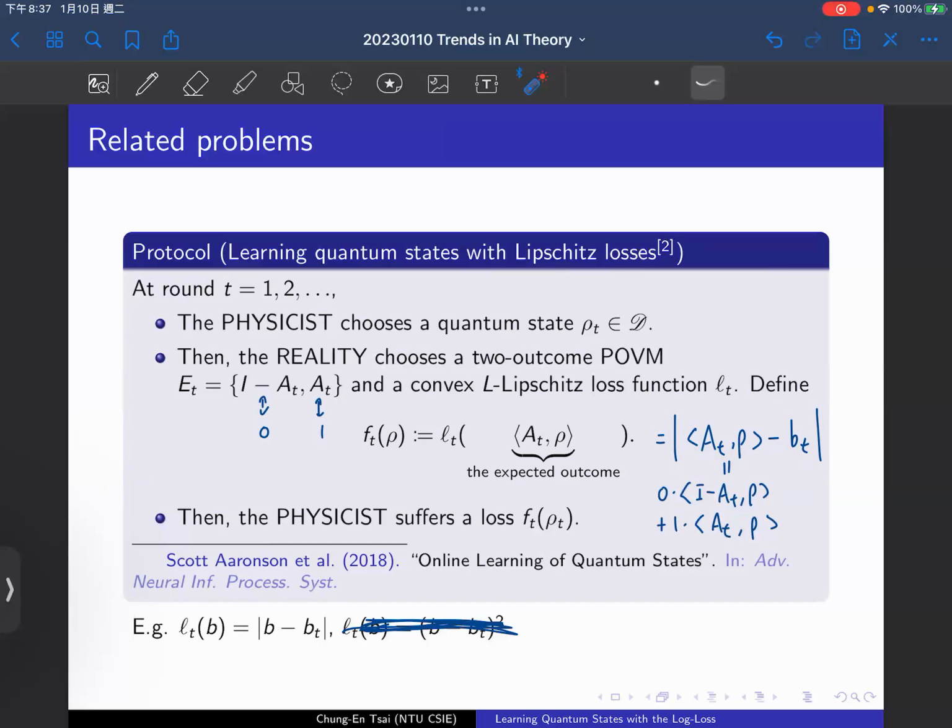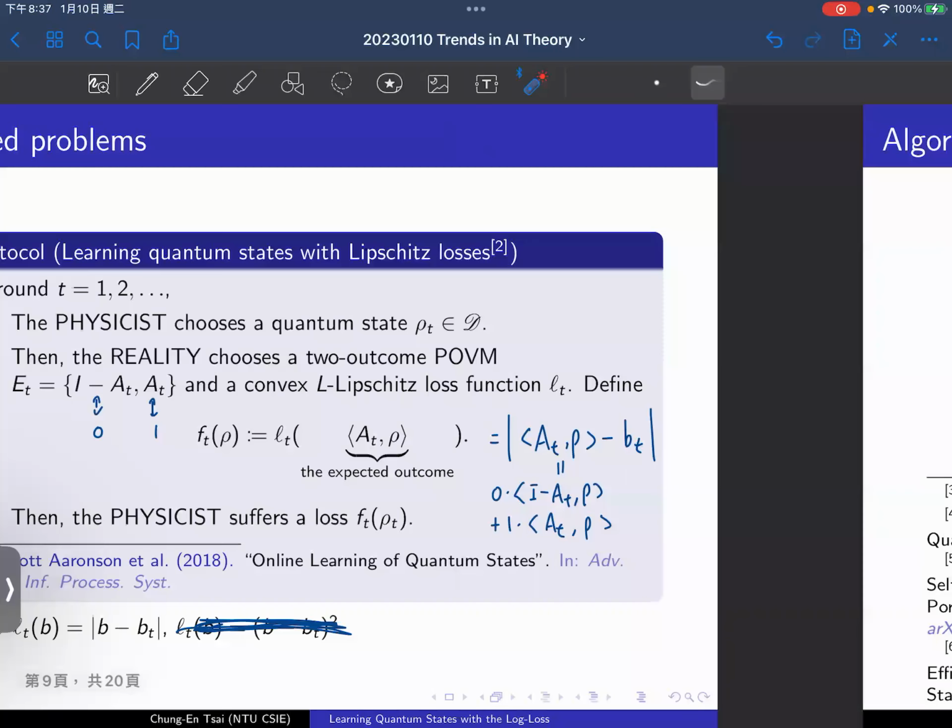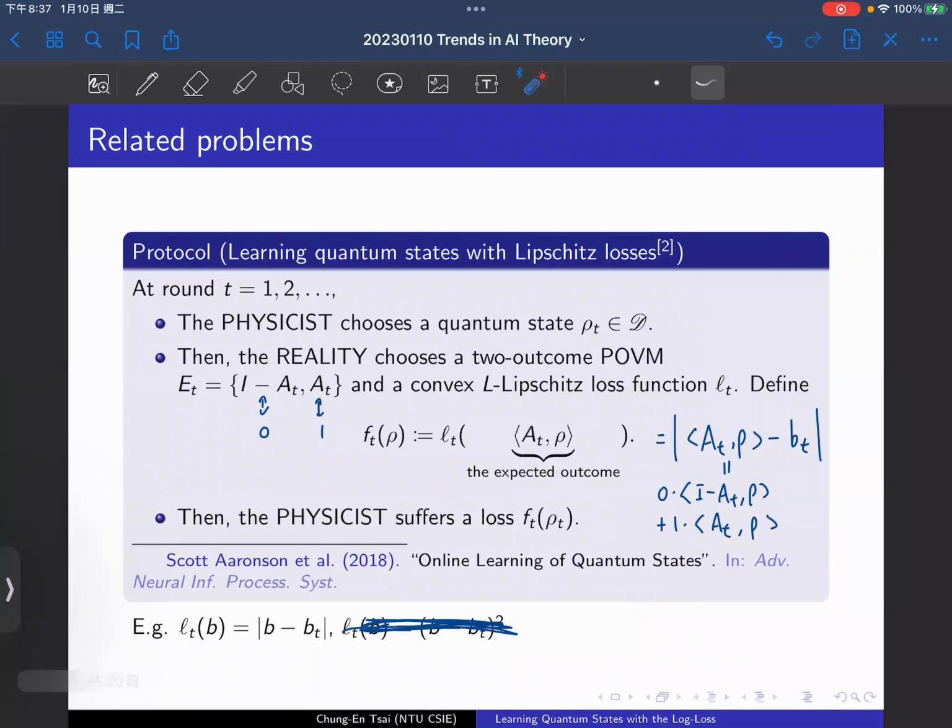But our problem is different from this one, since the LT we choose is the negative logarithm, and the negative log is not a Lipschitz function, so the algorithm they propose does not apply to our problem. In the next slides we will see some algorithms that are applicable to learning quantum states with the log loss.